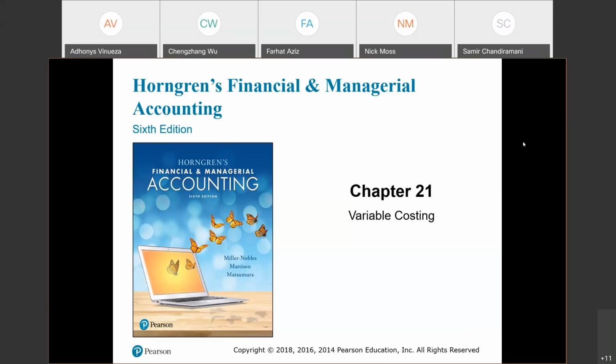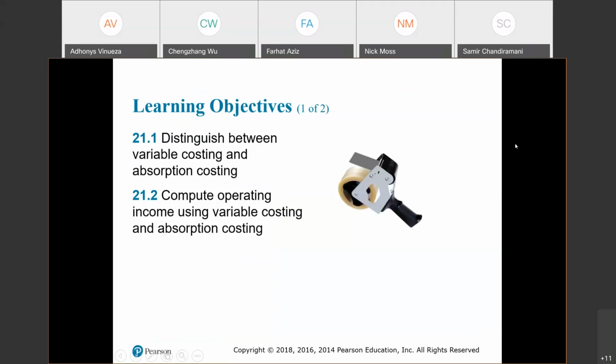This chapter is divided into two classes. In this class, I will discuss what is variable costing in further detail. In addition, we will see what is the difference between variable costing and traditional absorption costing.